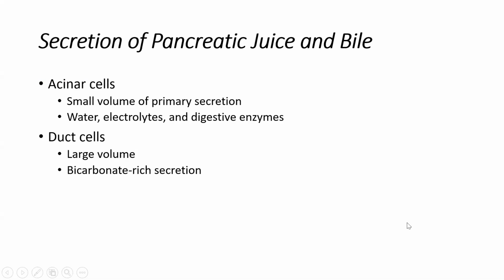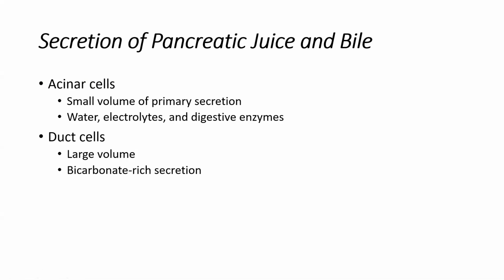Okay, let's talk about the secretion of pancreatic juices, those enzymatic rich fluid coming from the pancreas, and bile. So the acinar cells have a small volume of primary secretions, which is mostly comprised of water, electrolytes, and those digestive enzymes such as trypsin, chymotrypsin, etc. And then the duct cells have a large volume that has mainly bicarbonate-rich secretion.